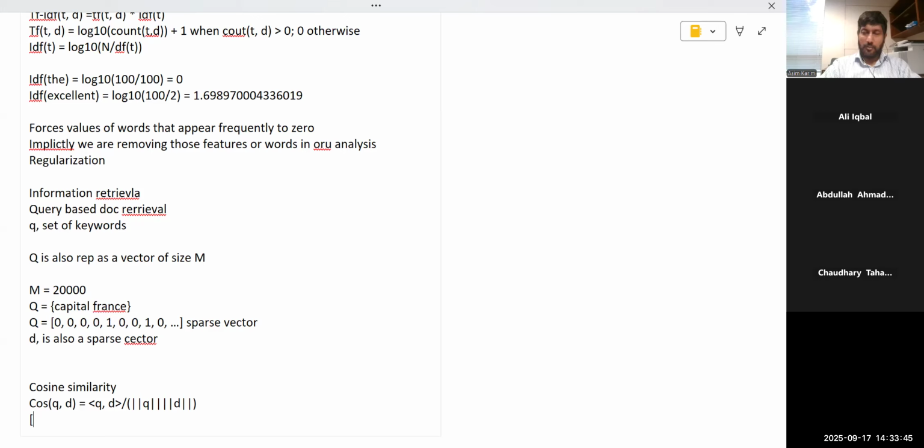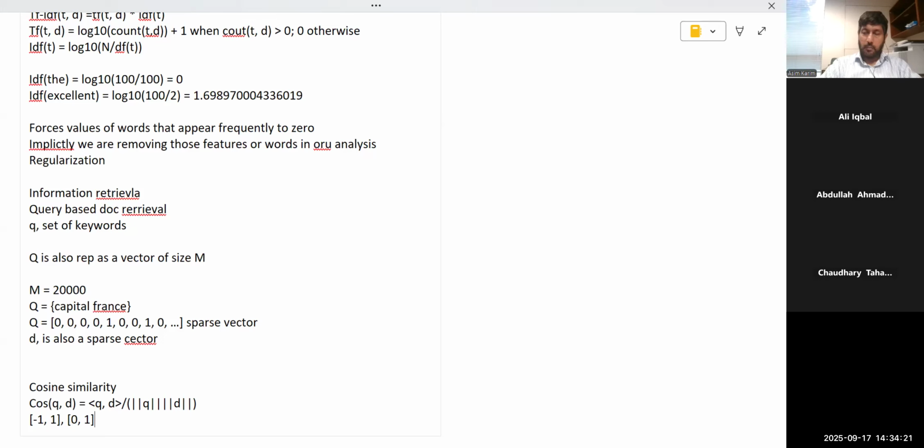So we have two suggestions, -1 to 1, and also 0 to 1. Those who are saying 0 to 1, that's fine. -1 to 1 is theoretically correct. The cosine similarity between any two vectors Q and D ranges from -1 to 1.